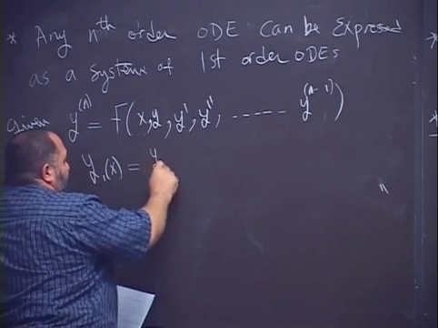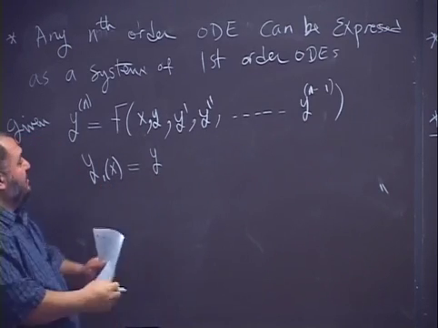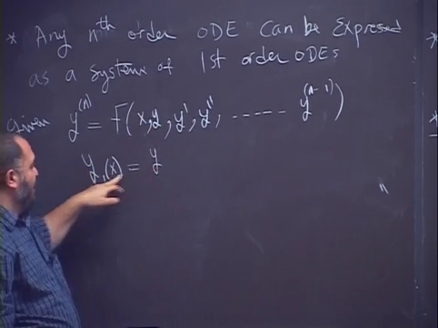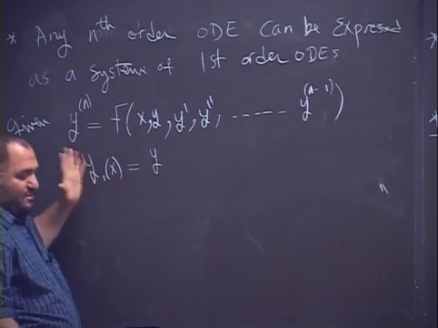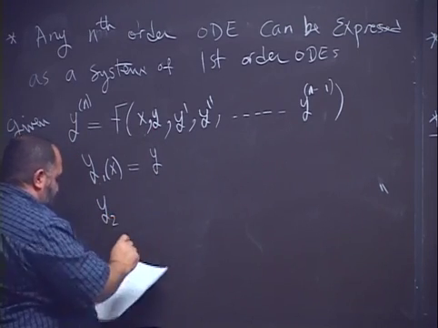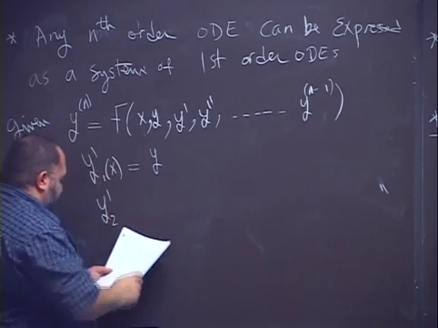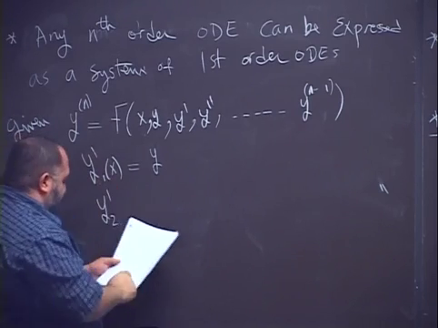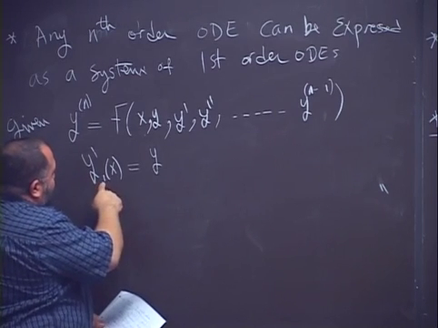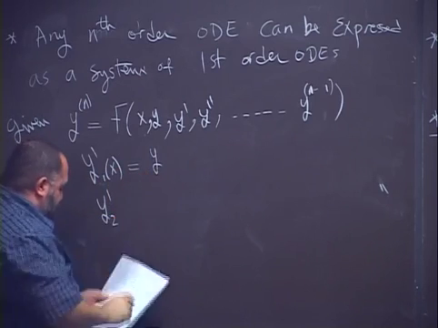We will make y1 of x equal to the original dependent variable y. So we will name y as y1 of x. If we differentiate this, y1 prime, it will give us y.